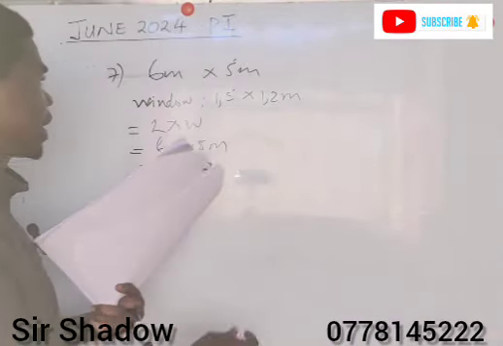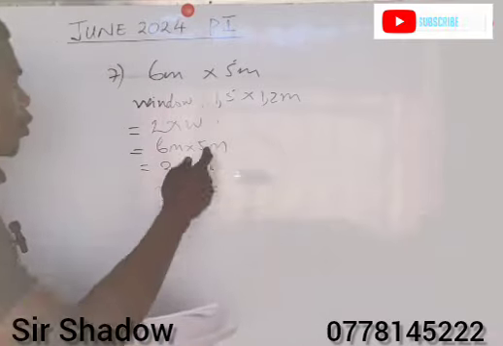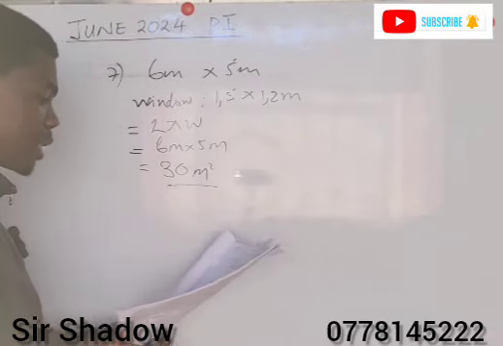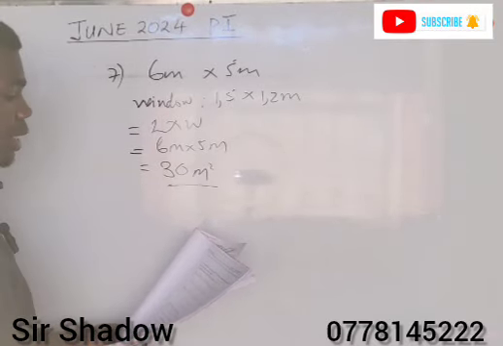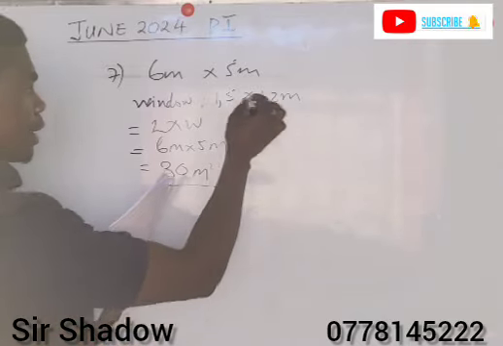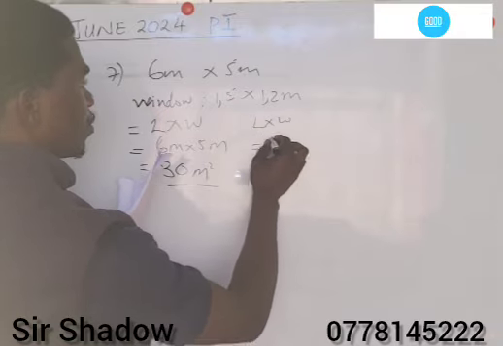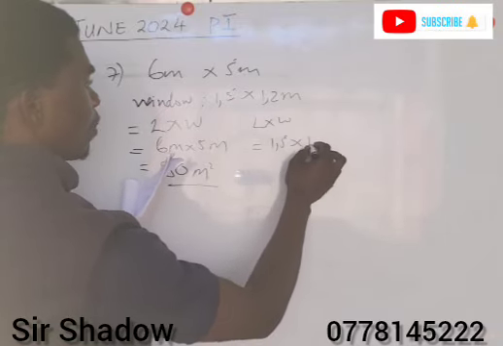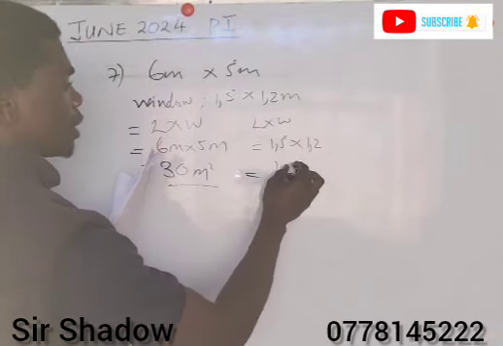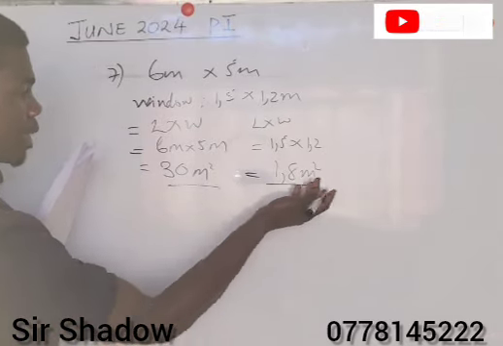Now we want to eliminate the area which we don't want to paint. So we say 1.5 meters by 1.2 meters, length by width, which becomes 1.8 square meters. Let's now eliminate the area of the window.